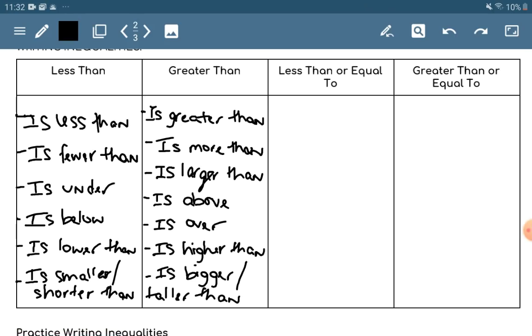All right, in the less than or equal to column, we have, again, roughly the same amount, about 5 of them. So the first one would be, just like it sounds, is less than or equal to. Next, is at most.